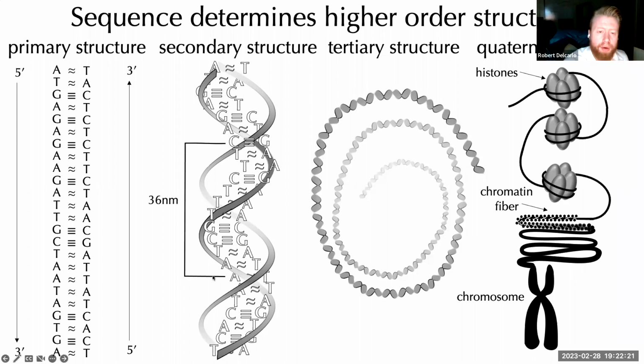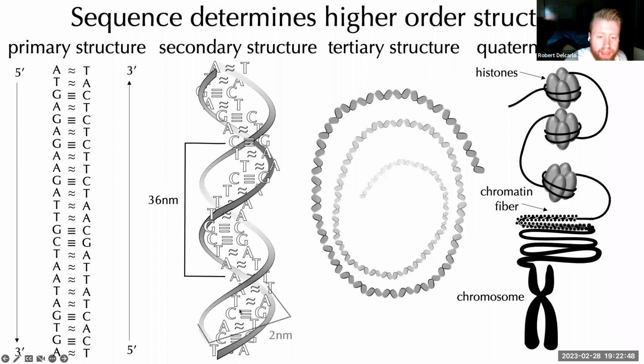And so some of the measurements that they knew in 1953 was that if you started here on the outside rung and moved around to the back and then moved around back to the front again, that's what we call one turn. And so in one turn of DNA, there's a distance of about 36 nanometers and about 10.5 nucleotides per turn.